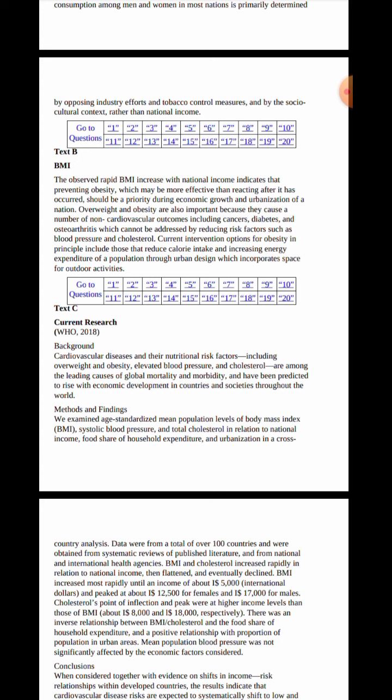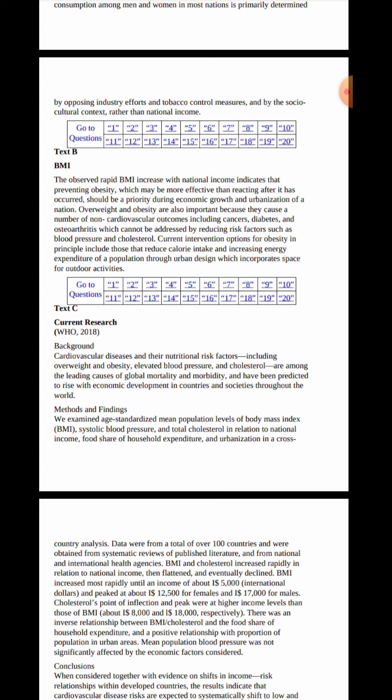That's how you just keep scanning. Now I can see it on the seventh line, blood pressure and cholesterol. But there's nothing like morbidity at all, so you ignore it and continue scanning. Cholesterol is not there till the last line. So cholesterol is only used once in text B, and there's nothing like morbidity. It means what you are looking for is not in text B. You understand? That is how to go about it.